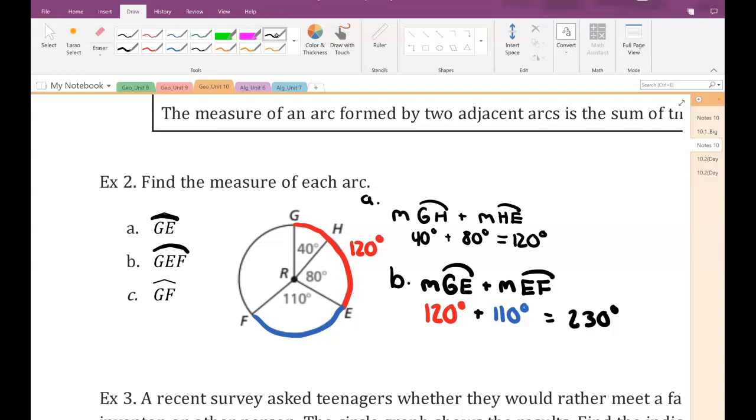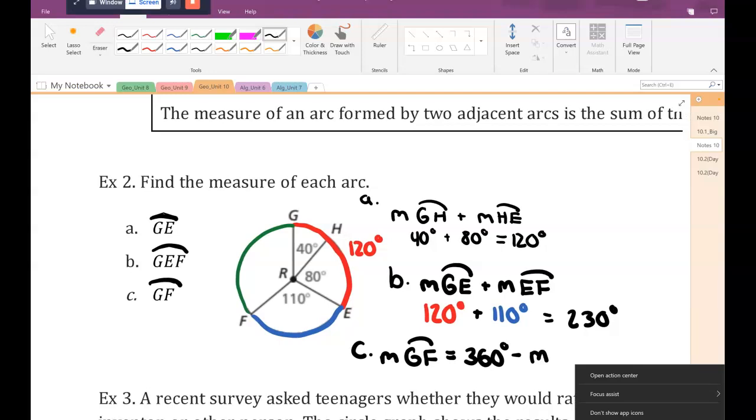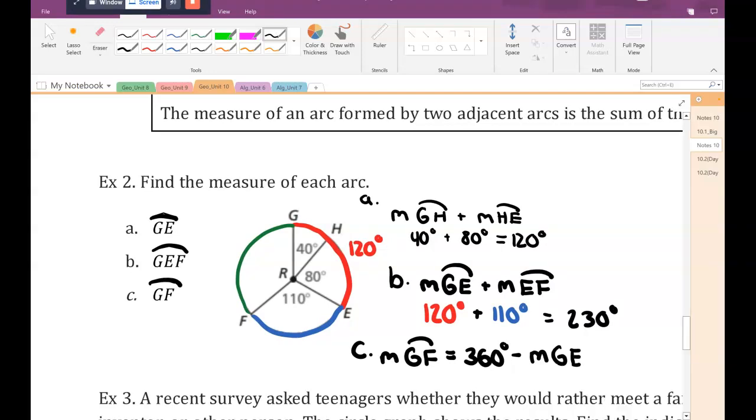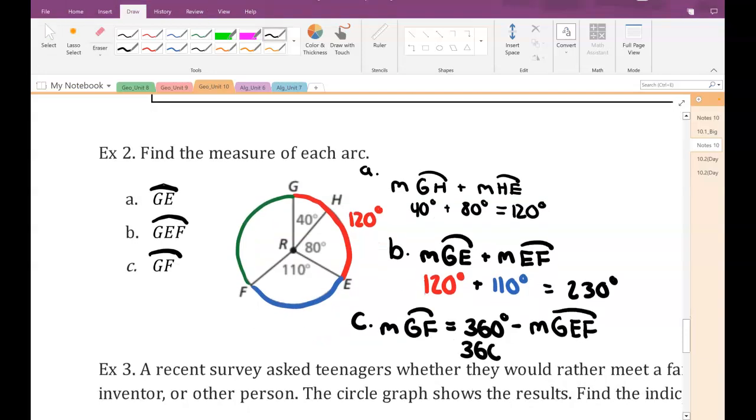And then the last one, GF, minor arc, would be this green one here. It's whatever's left over after we take GEF. So for our last example, we could say the measurement of arc GF is equal to 360 degrees minus the measure of arc GEF, which is then 360 minus 230.